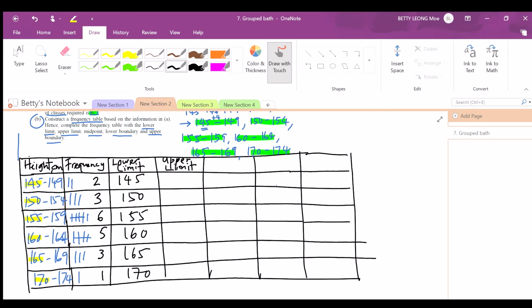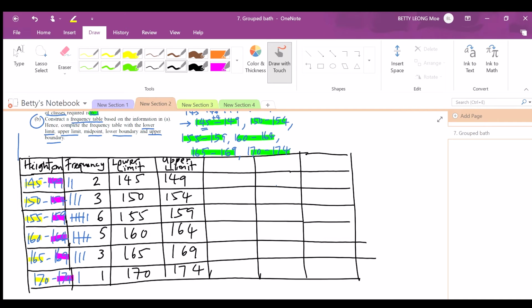For the upper limit, you take this number. This is very easy, like ABC only. 149, 154, 159, 164, 169, 174.